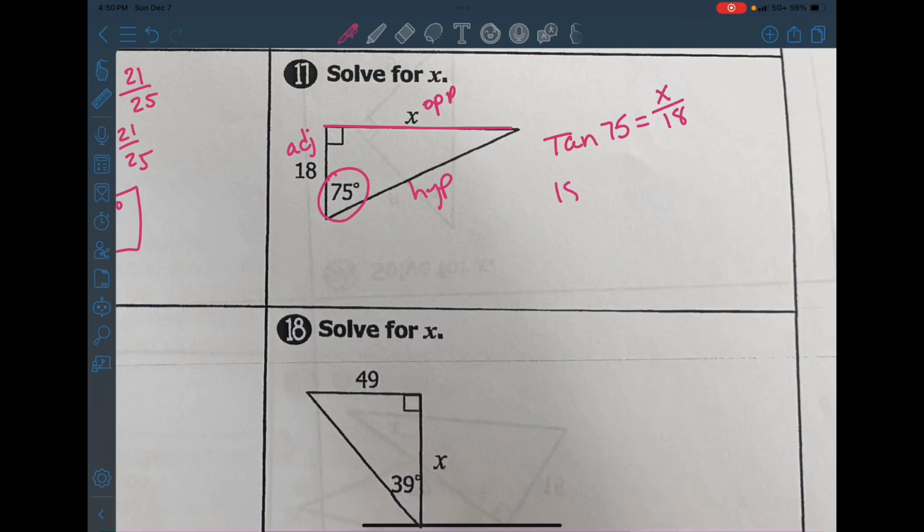Got to bring that 18 over and multiply, do the opposite operation to separate it. And so in my calculator, 18 times, do not hit second, just times the tangent of 75. And you get, and because it's a side, we're going to go to the nearest tenth, 67.2.